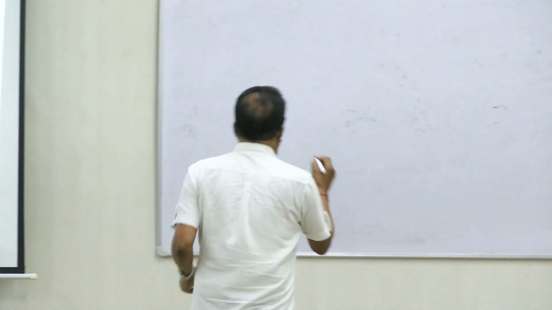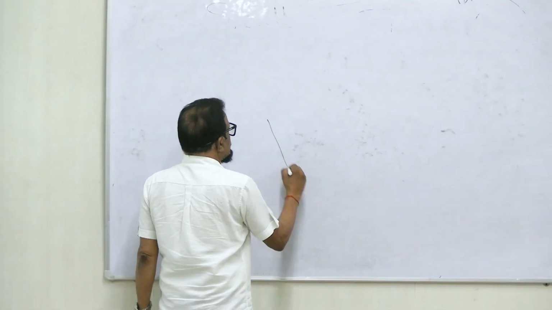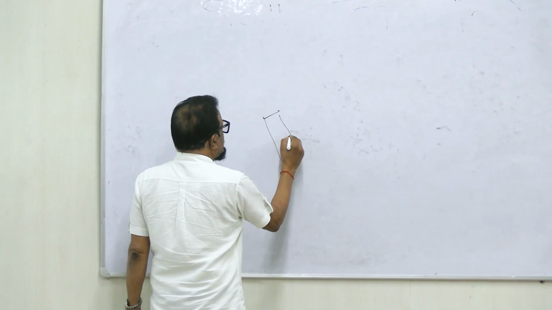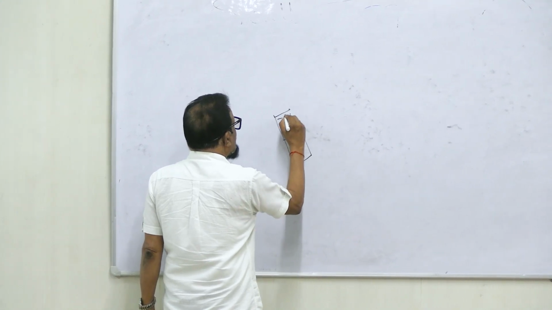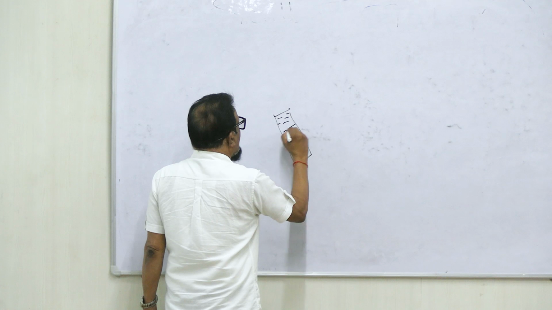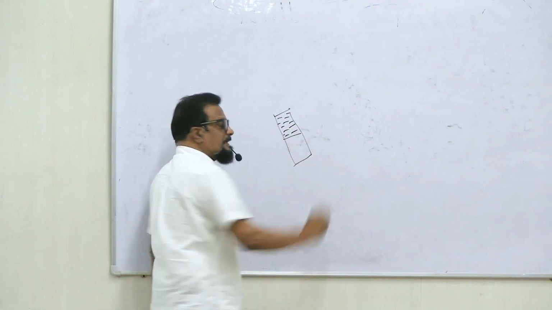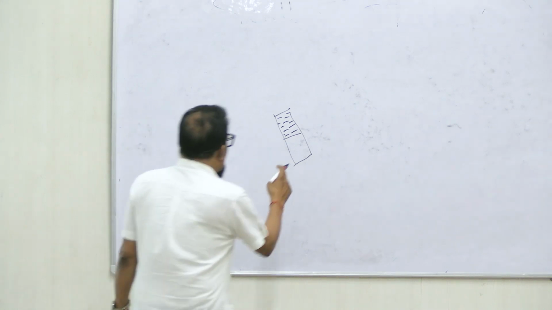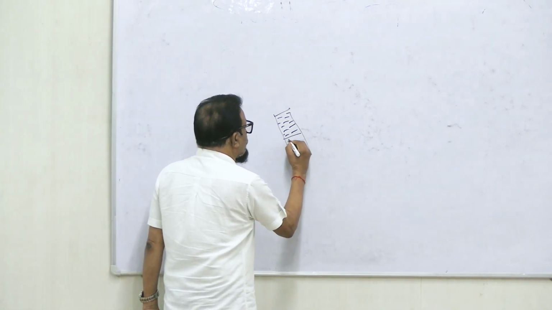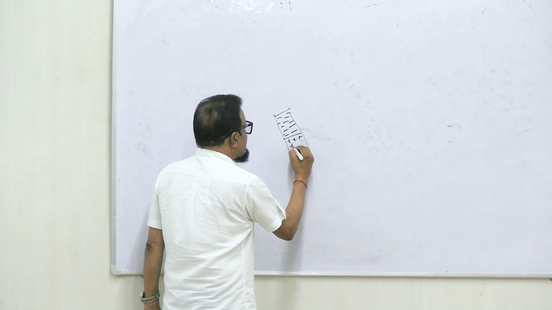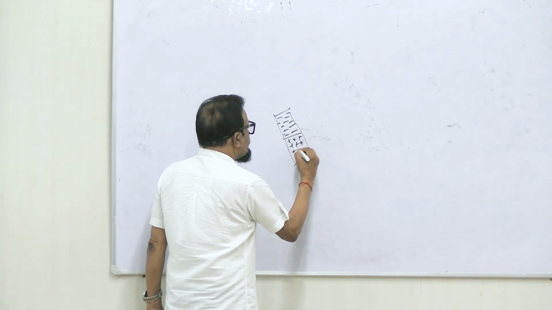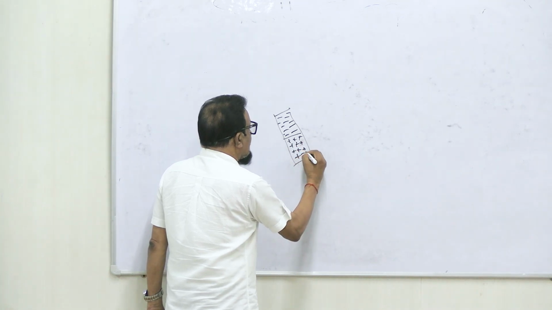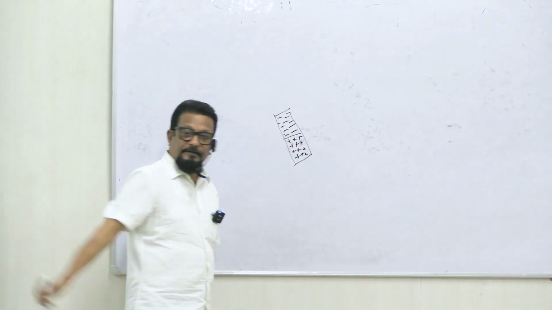So suppose this part of the heart is depolarized, meaning the outside is negatively charged, and the other part, yet to be depolarized, is positively charged. Suppose this is the atria and this is the ventricle.